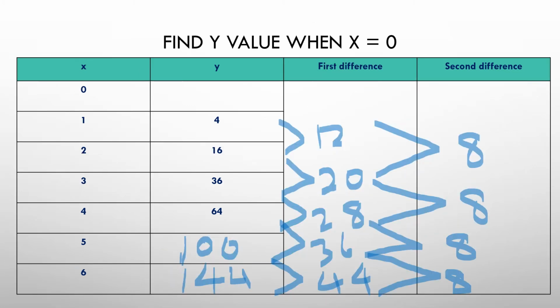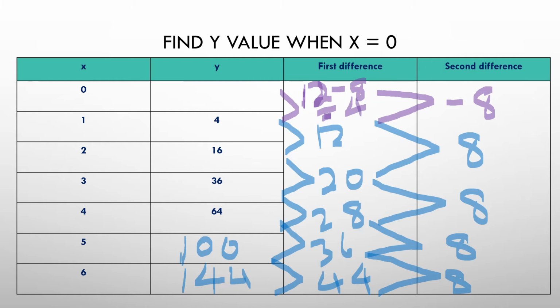Now we want to find the y value when x is 0. So we'll work backwards. We'll subtract 8. Working backwards, 12 minus 8 is 4.